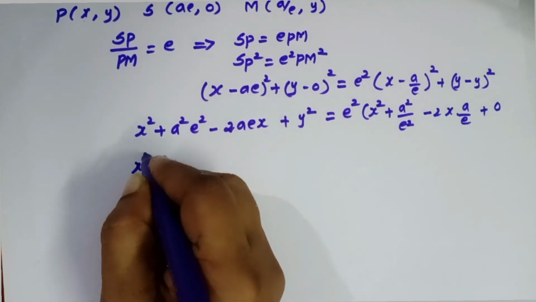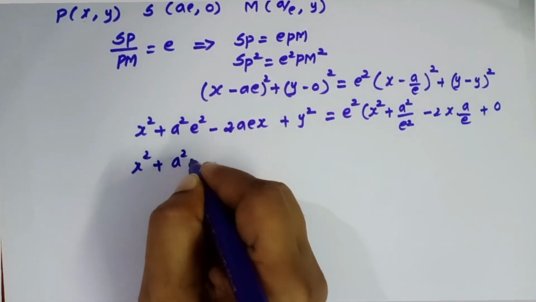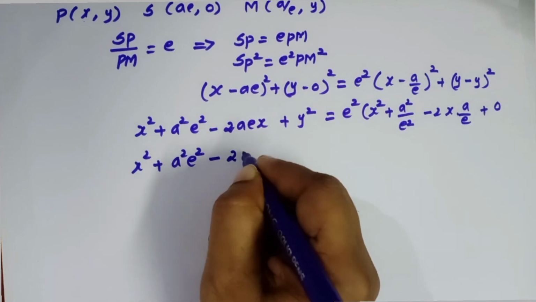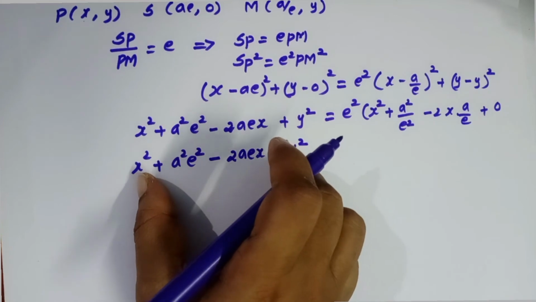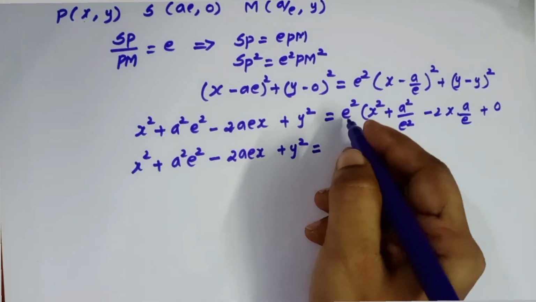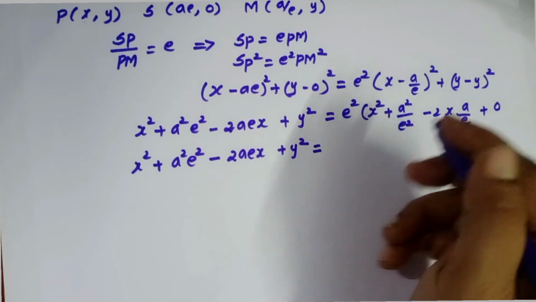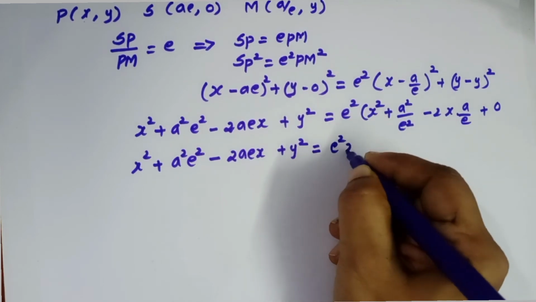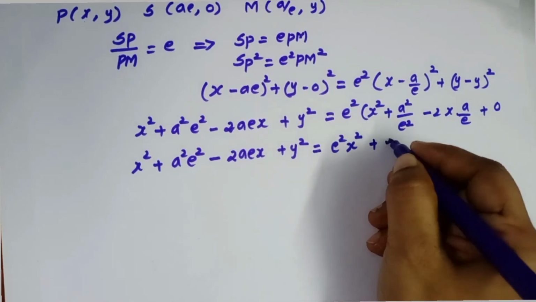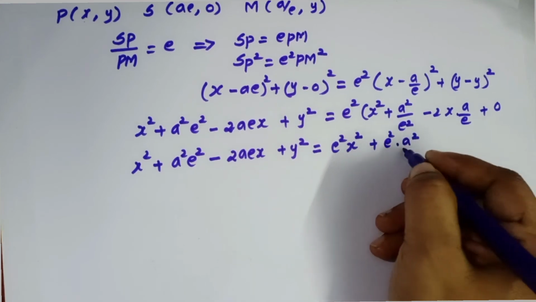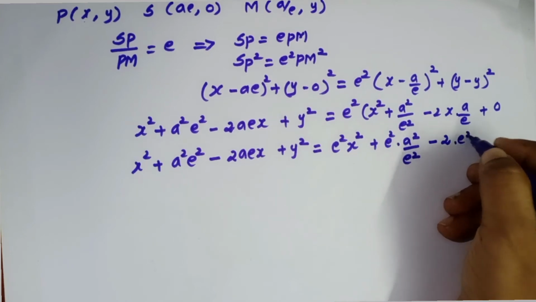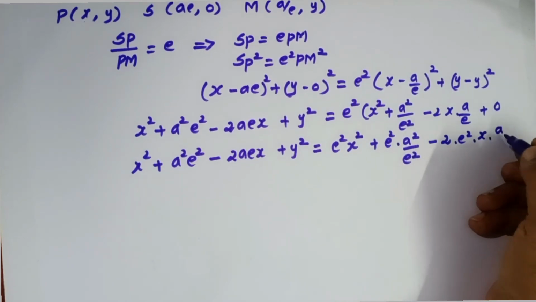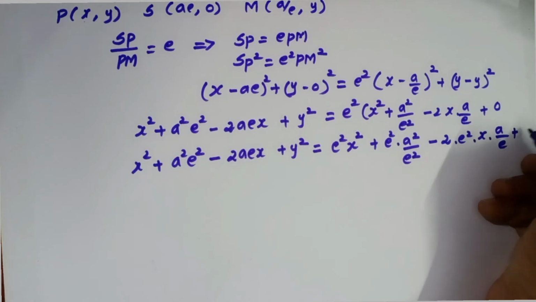Now x squared plus a squared e squared minus 2aex plus y squared, the LHS, stays as it is, which is equal to, you multiply this e squared with all the terms. So you get e squared x squared plus e squared into a squared by e squared minus 2 into e squared into x into a by e plus 0. So you don't write 0.